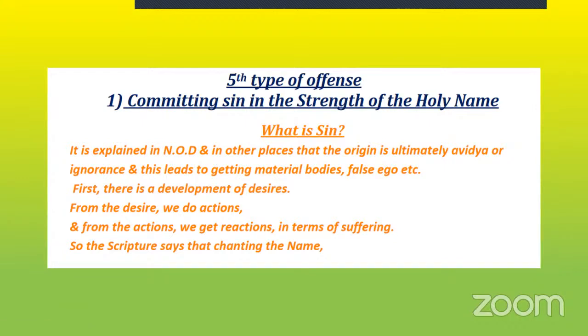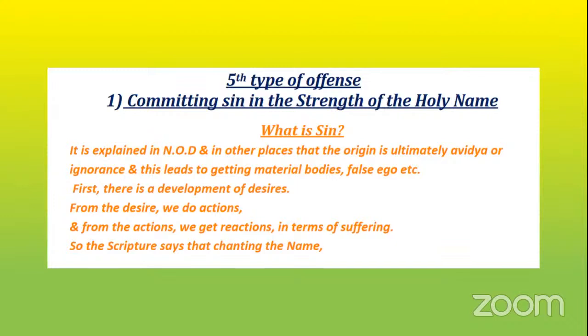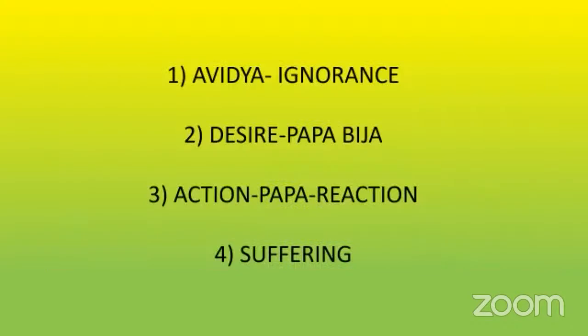It is explained that because of avidya, ignorance, we have our false ego, and because of our ignorance, we develop desires. Because of desires, we do actions, and then because of those actions, we fall into our papa reactions. So then we suffer. That's all.